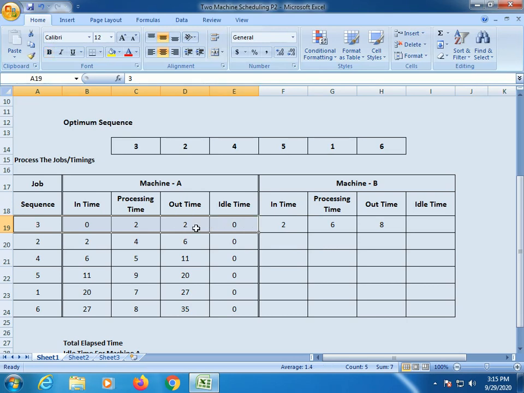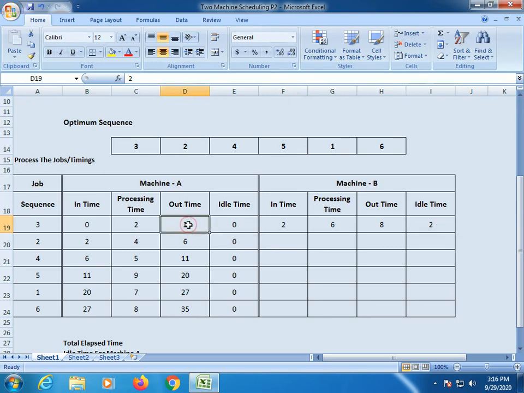The out time of machine A is 2 hours, and the in time of job 3 is 2 hours. So machine B simply waited. So 2 hours is the idle time.